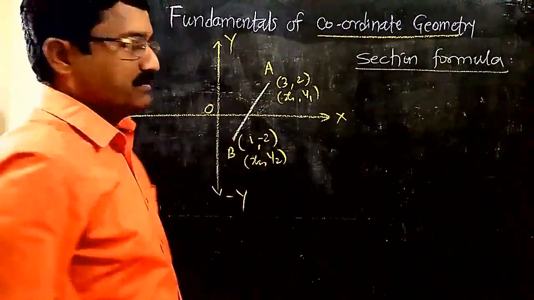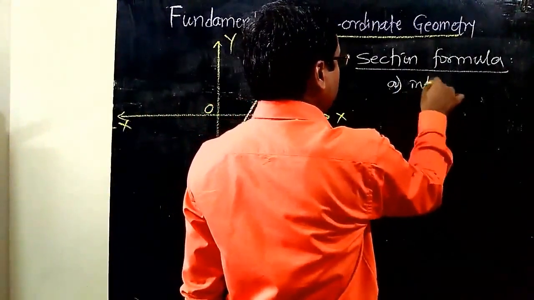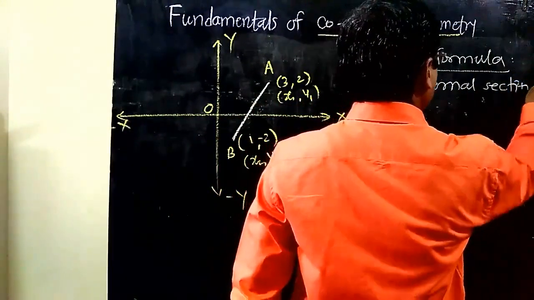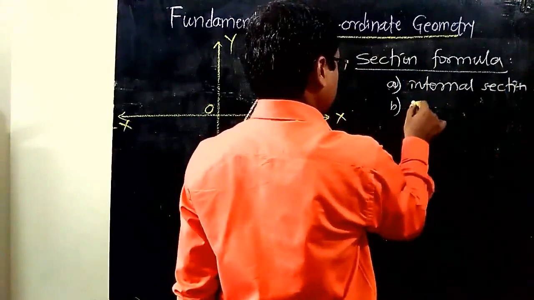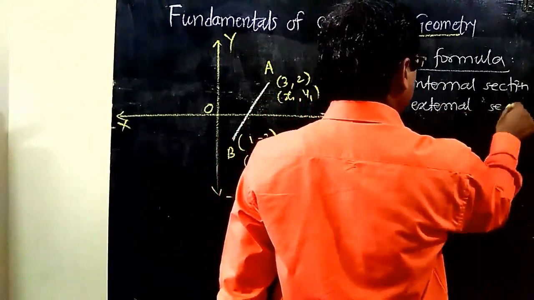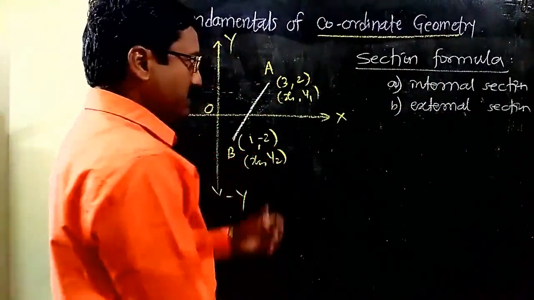There are two types of section formulas. First one is the internal section formula, and second, the external section formula. Let us see what is meant by internal and external.